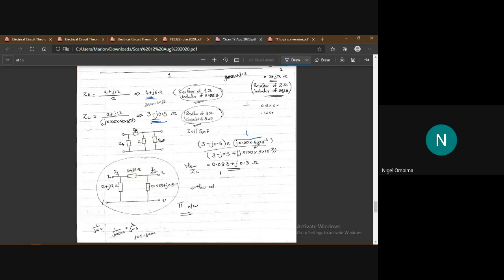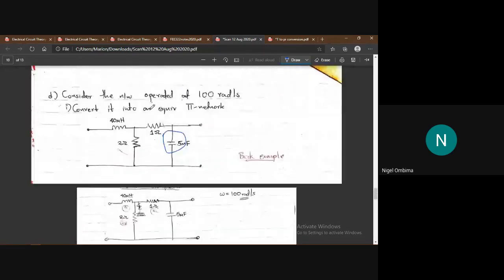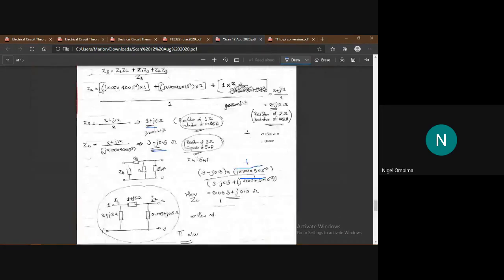Supposed to do 1 over that, same to the denominator. If I go 1 over that, it gives me the new ZC now, where we can input it here, but it's not this now. You'll calculate it, then you'll find your own value, which gives an equivalent pi network. So to convert. Does anybody have a question there?